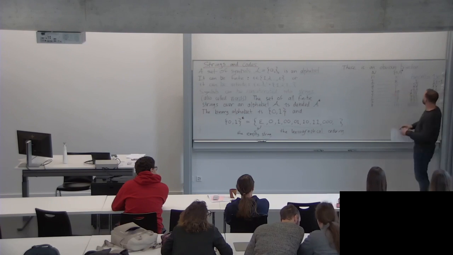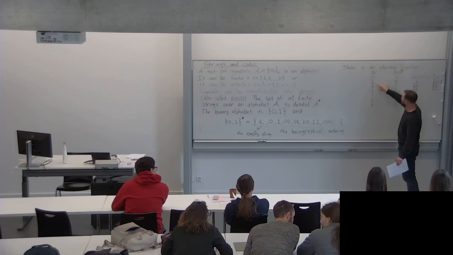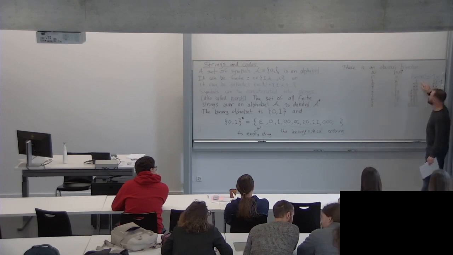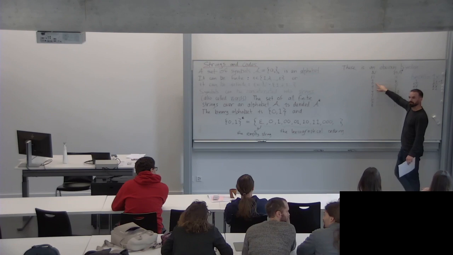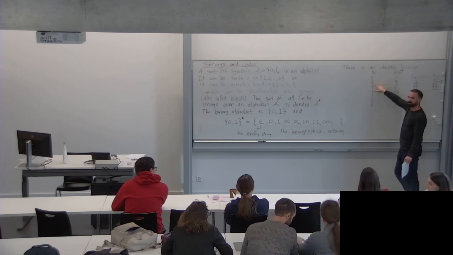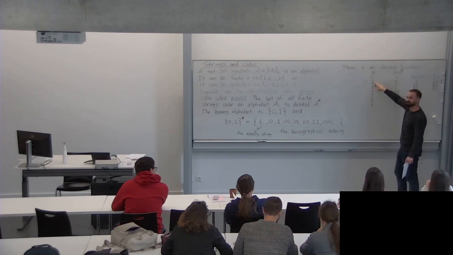So to compute bin of n, forget this column, because I take my number n here and I write it in binary. Okay, so how do you get the 0 string? Well, I don't need to. My numbers start at 1.